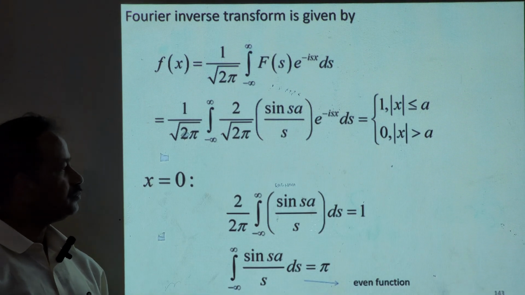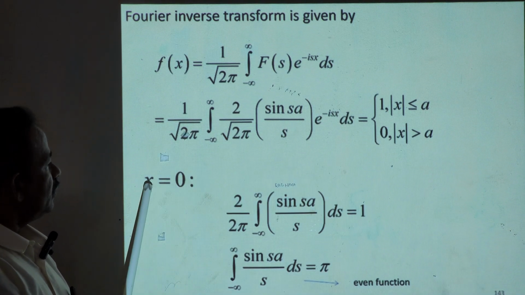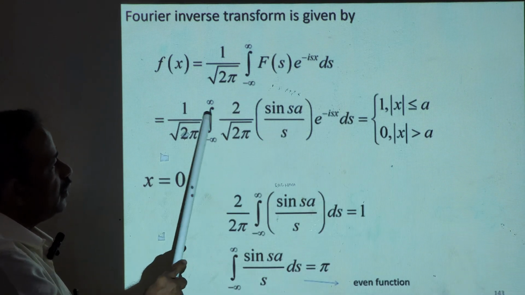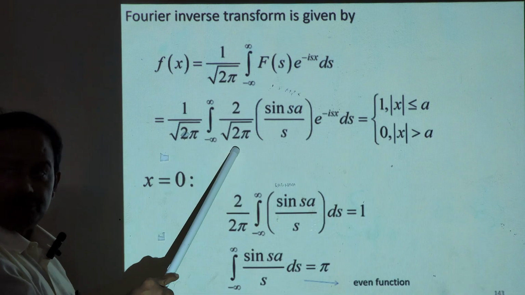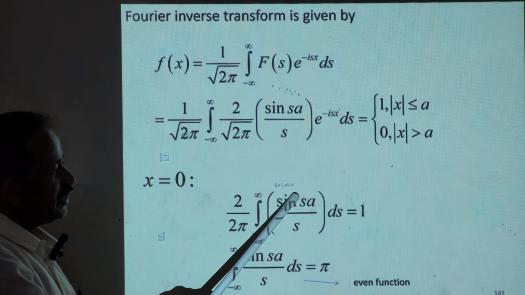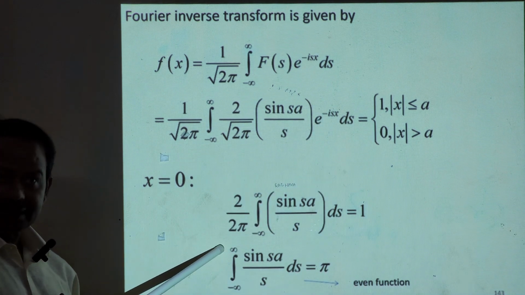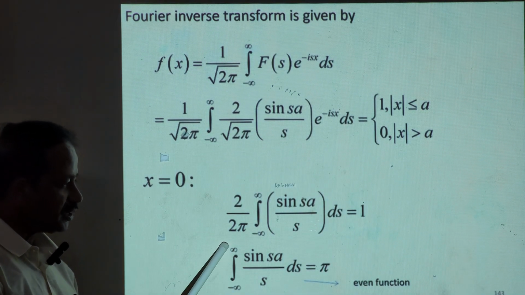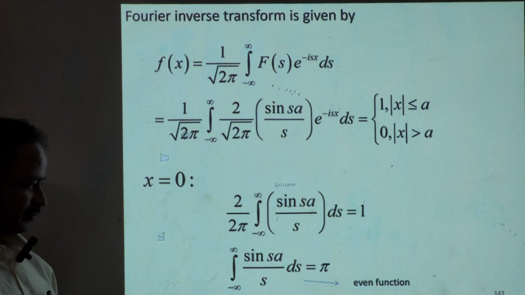For x equal to 0, we can write 2 divided by 2 pi, pulling out the constant. That gives 2 pi times the integral from minus to plus infinity of sin sa by s ds, which equals 1. Now these two cancel, and pi goes to the right-hand side. That gives the integral from minus to plus infinity of sin sa by s ds equal to pi.